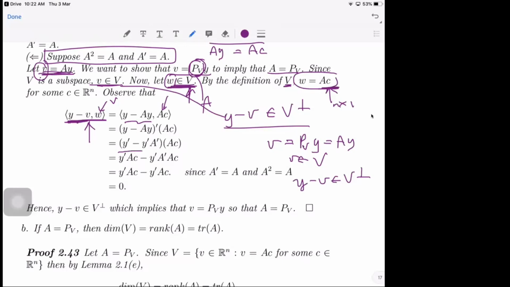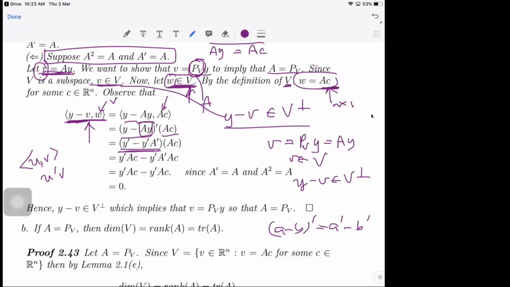And then this is just applying the transpose of a vector. The inner product of U and V is U prime V. Applying the prime, (A minus B) prime is just A prime minus B prime, and AY becomes Y prime A prime.